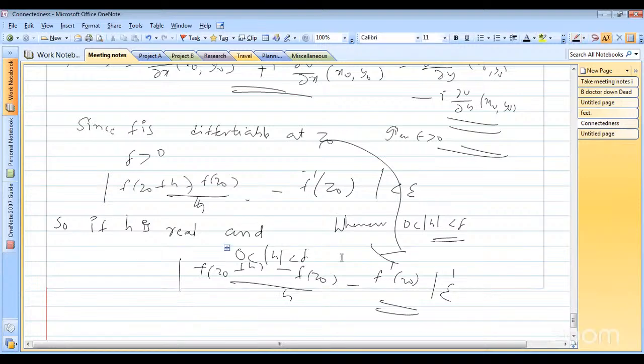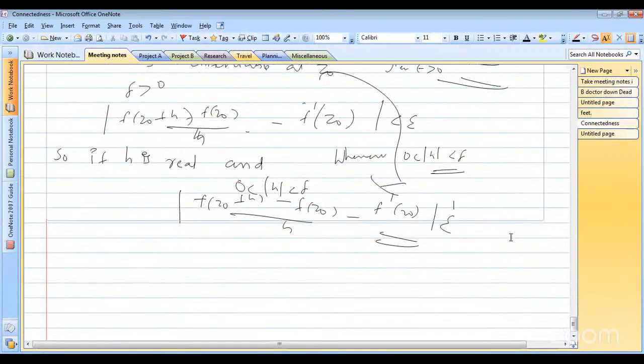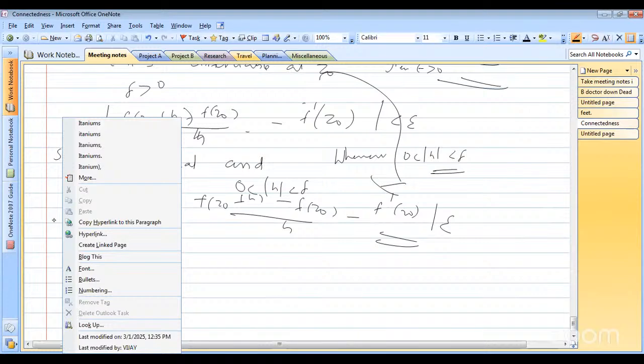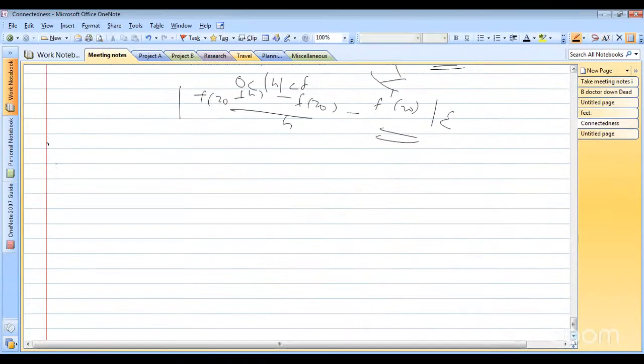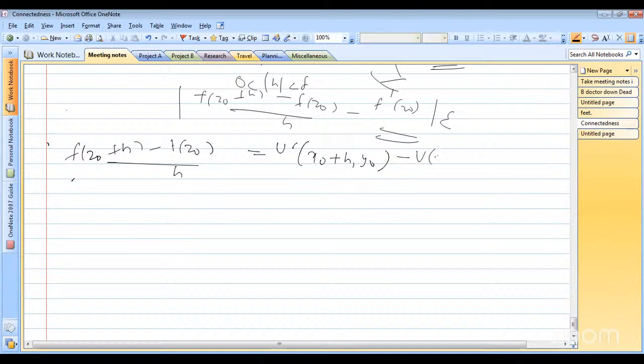But what is the condition you have to write here? f of z naught plus h minus f of z naught by h, in terms of the real part, is u of x naught plus h, y naught minus u of x naught, y naught, and in terms of the imaginary part, v of x naught plus h, y naught minus v of x naught, y naught.